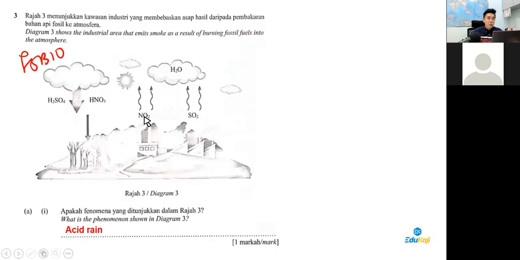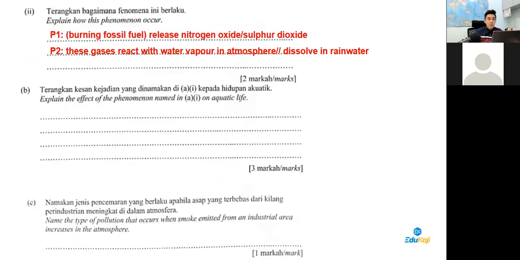Nitrogen oxide, nitrogen dioxide and sulfur dioxide released will react with water vapor to form nitric acid and sulfuric acid. The key is to not use the formulae, but write down the names properly. Make sure you write react with water vapor, form this or this. Because both are acids, it comes down in the form of acid rain.